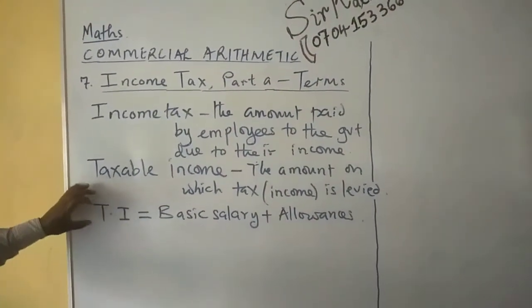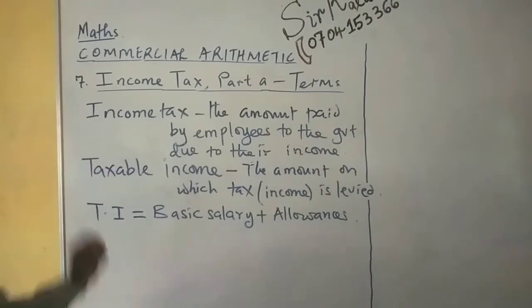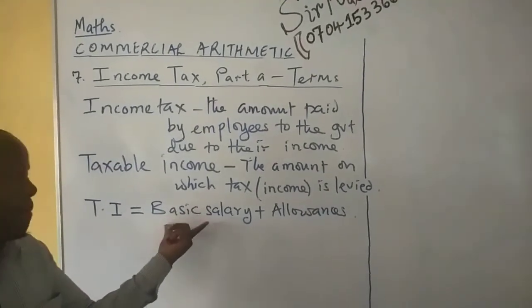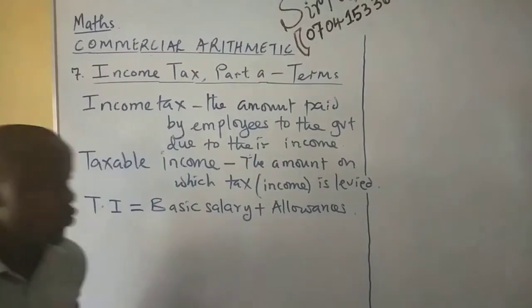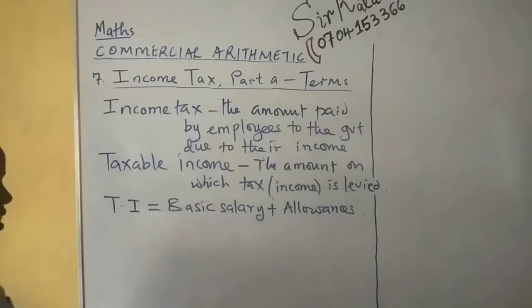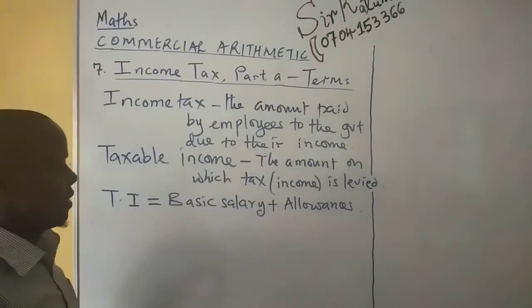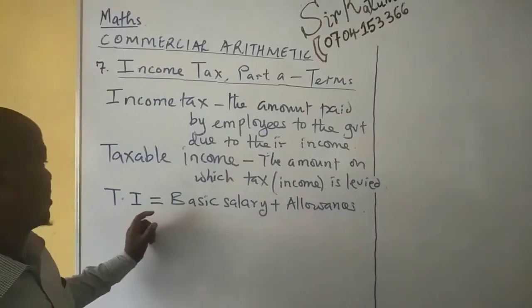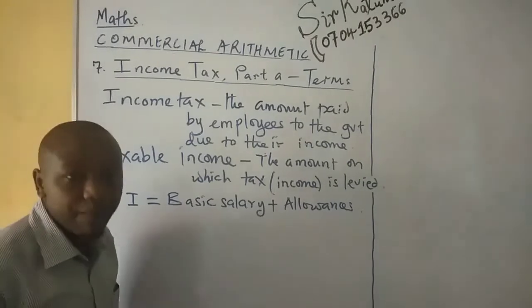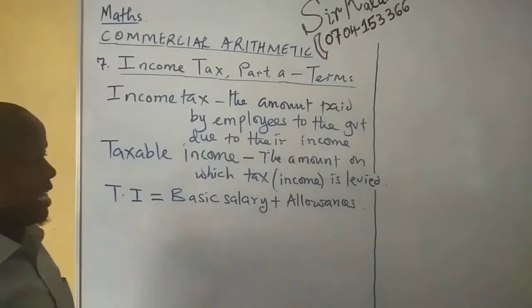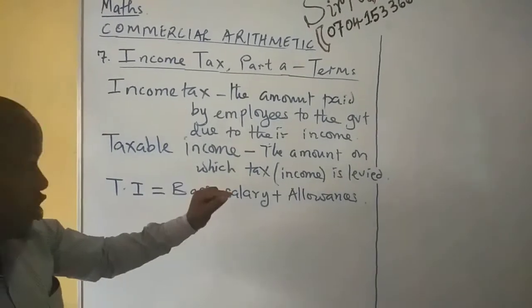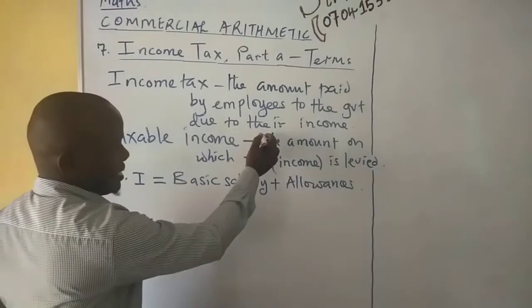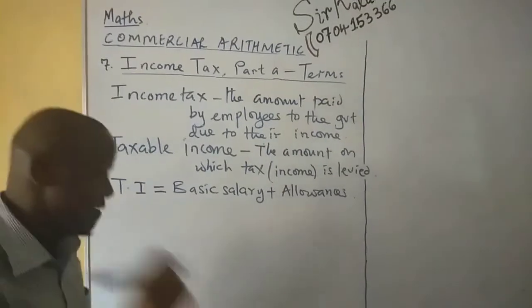Therefore, to get the taxable income of a given individual, we take his or her basic salary plus all the allowances which are enjoyed by the given worker. That is how we get the taxable income of a given individual.